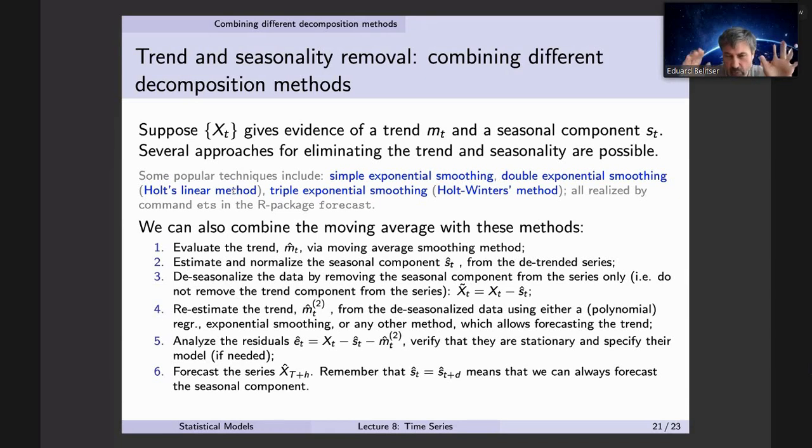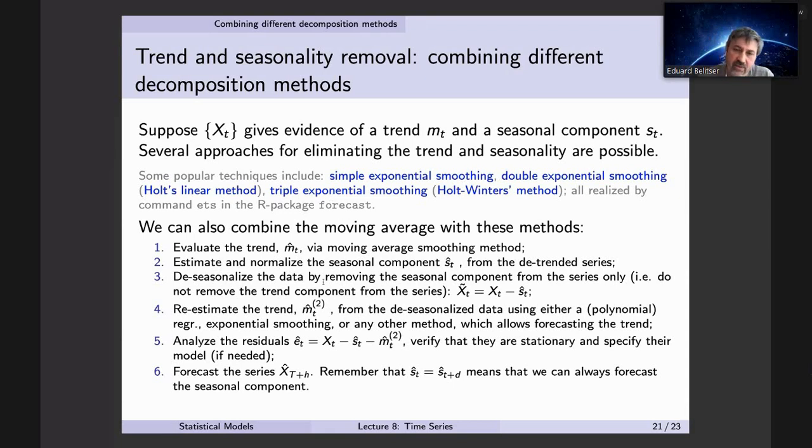It also does some sort of prediction, and here it also does some sort of seasonal estimation. Yes, so it is basically an extension of the moving average. Okay, it's not a moving average, it's something else. It's an exponential filter, but it has the same flavor.